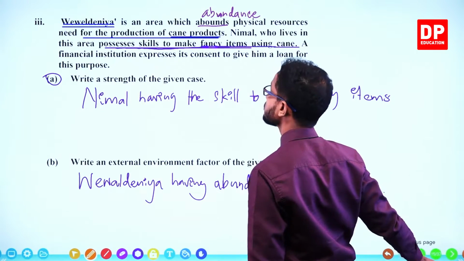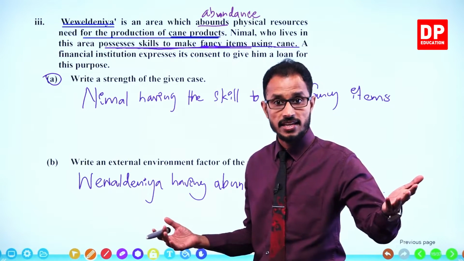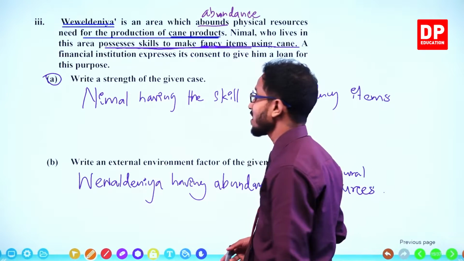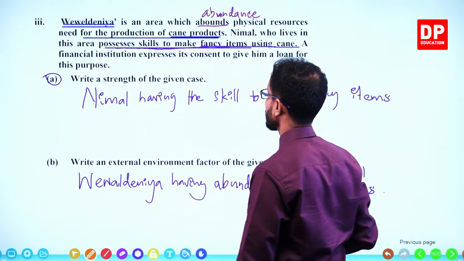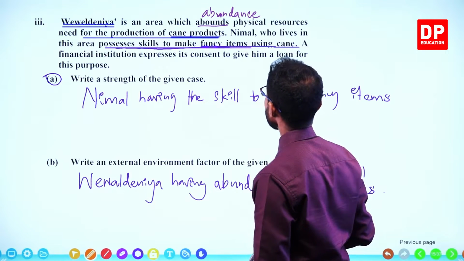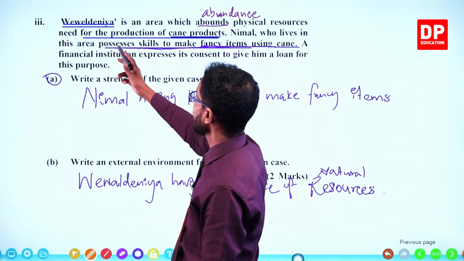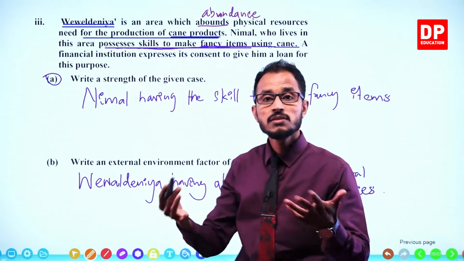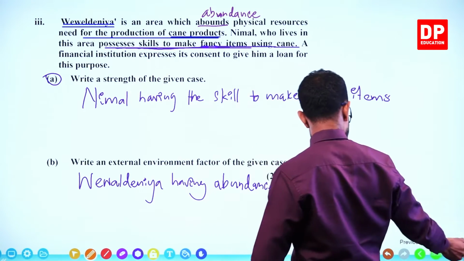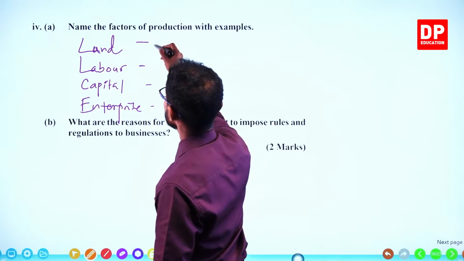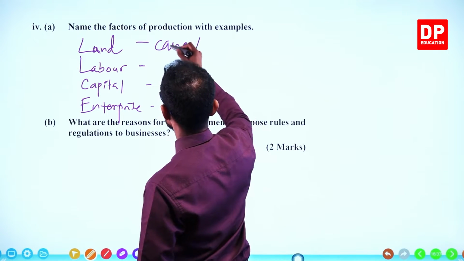So we can write, very well, abundance of cane going under land. Nimal, he's working and he has the skill to make fancy items, is the labor. Land: cane, Veval.